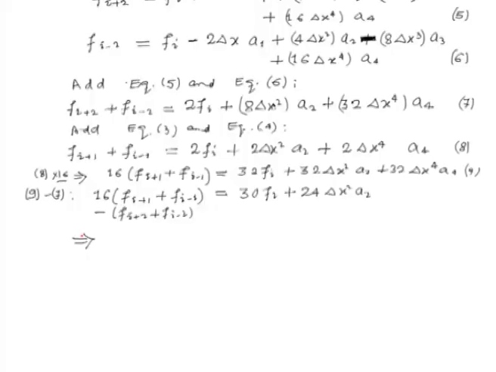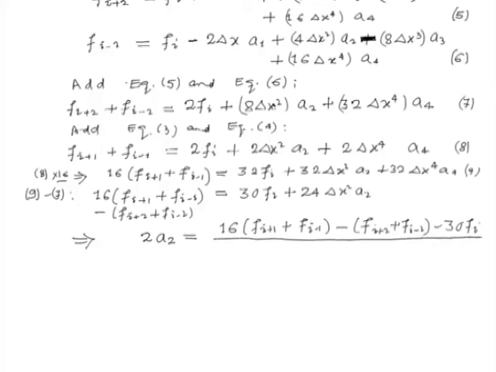So now let's rearrange and write down the value of 2a2. So 2a2 will become 16 of f I plus 1 plus f I minus 1 minus f I plus 2 plus f I minus 2 minus 30 f I, divided by 12 delta x square.